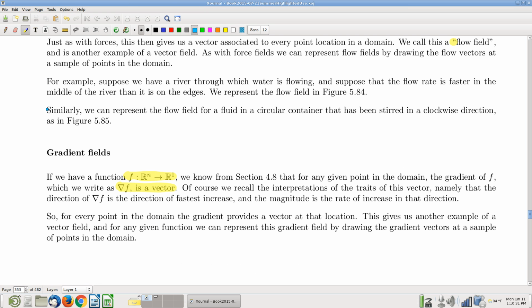Okay, here's another example. This is another kind of familiar example. We just didn't think about this at the time, but earlier in chapter 4, I guess it was, we were talking about real valued functions and how you can compute various derivatives of various kinds of real valued functions. And we talked about the gradient. We talked about how the gradient is a vector, and it has certain nice interpretations. The gradient points in the direction of fastest increase.